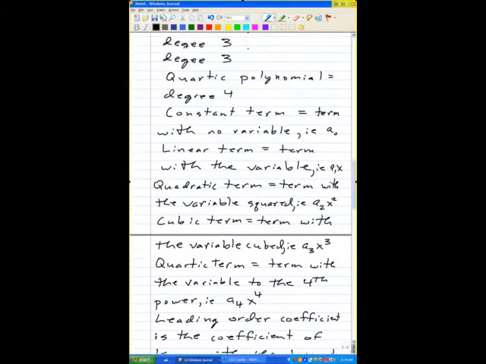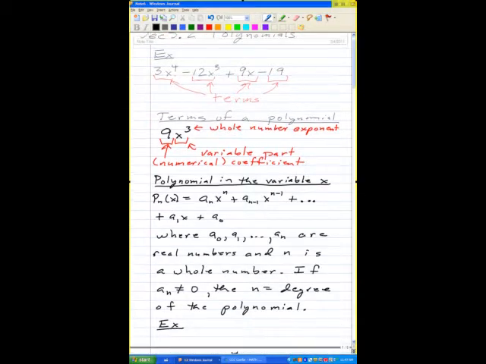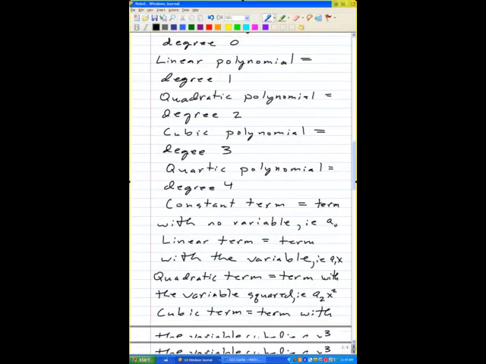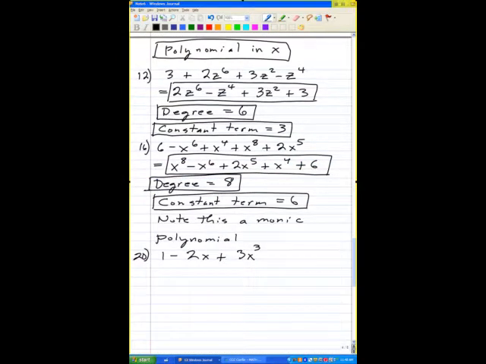Did I have any other monics? No, those had numbers in front of them. If I had something like x cubed minus 4x plus 7, then this would be monic because the number in front of the highest term, the leading order coefficient, would be 1. So that's a monic polynomial.